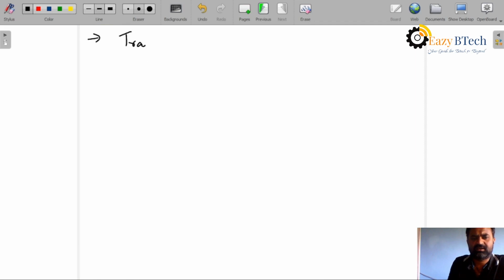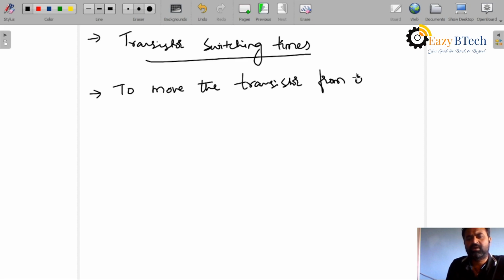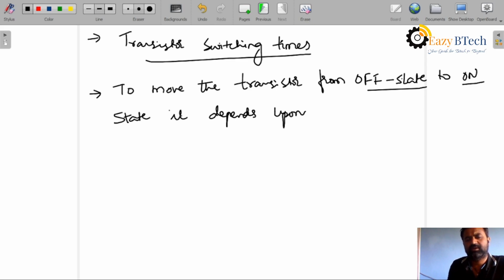Transistor switching times. To move the transistor from off state to on state, it depends upon delay time and rise time.